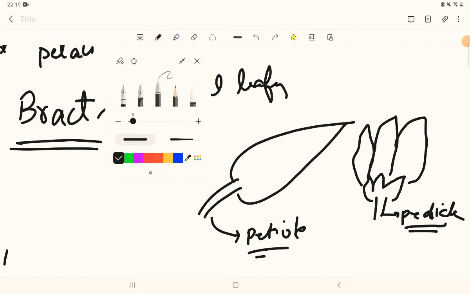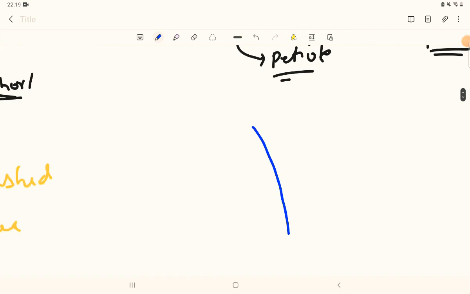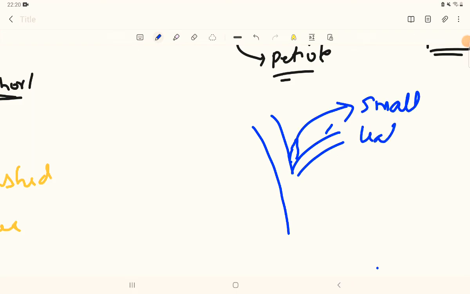Please don't get confused. So there will be a small leaf-like structure at the base of the pedicel. Imagine this is a plant and these are your flowers. That small leaf-like structure is called bract.